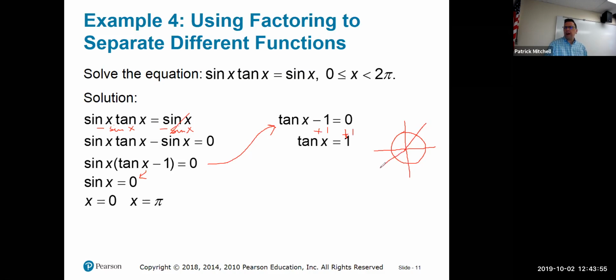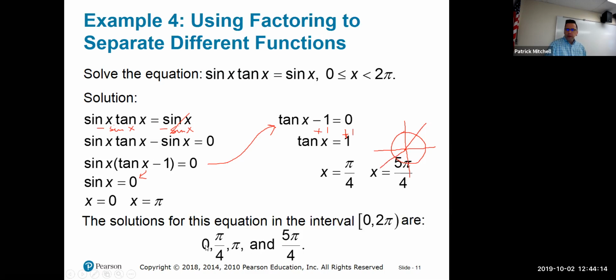The angle whose reference angle is pi over 4 would be 5 pi over 4, right? Okay, pi over 4 in quadrant 1, 5 pi over 4 in quadrant 3. So this equation, again, has a total of 4 solutions. 0 and pi from sine x equals 0, and also pi over 4 and 5 pi over 4 from tangent x minus 1 equals 0.